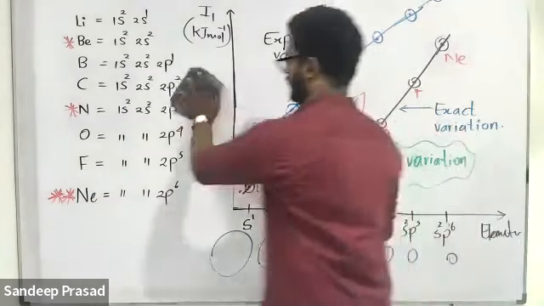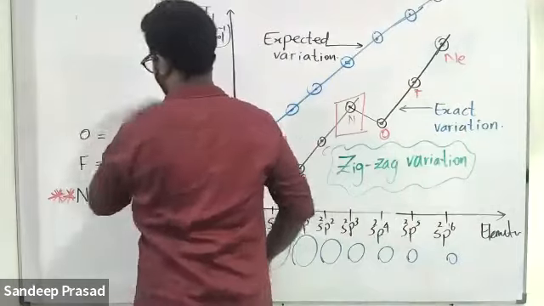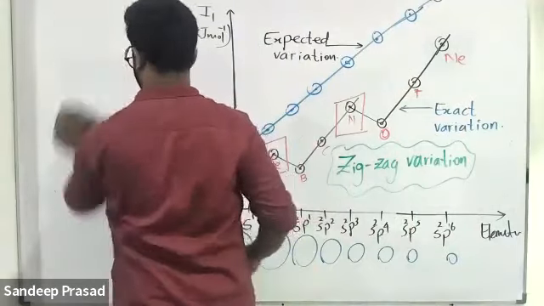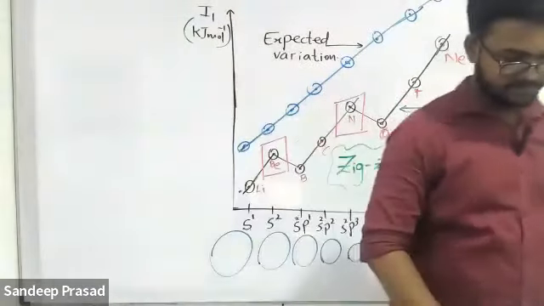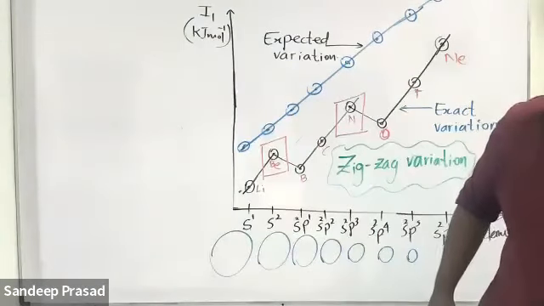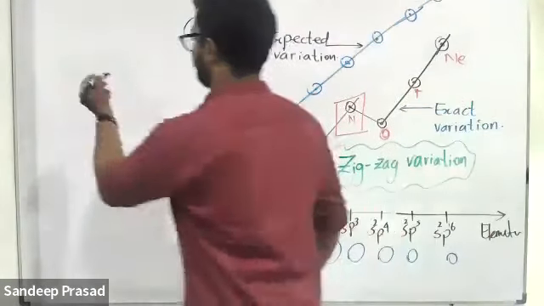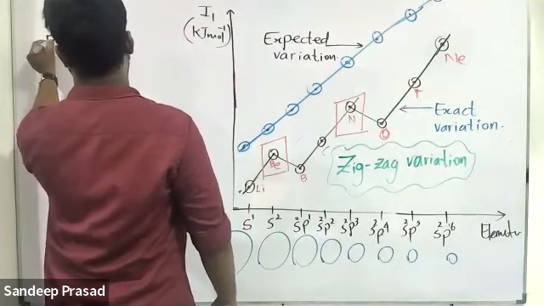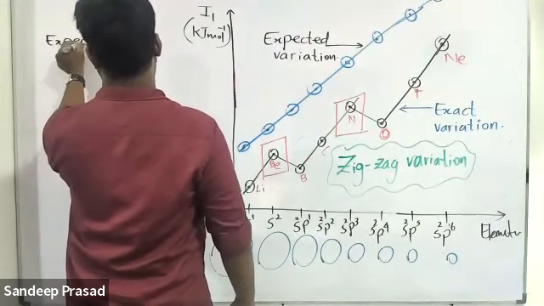Right, okay. Now you can write down here expected variation and the exact variation. So what is the expected variation? I'll write down here the group wise expected variation.